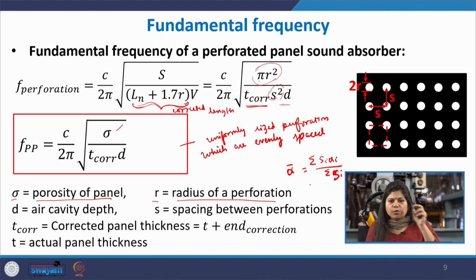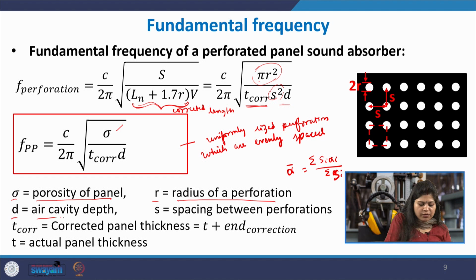So, you first find out individually for the uniform areas within the perforated panel, then you find out the absorption coefficient, and then you add up like this. So, this particular formulation is only for uniformly sized perforations which are evenly spaced.